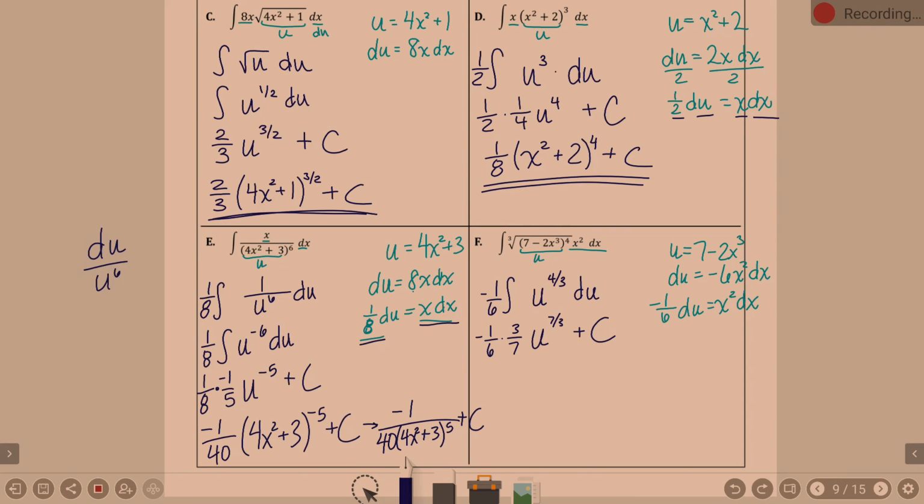Add 1 to your power, divide by your new power. Oh, that's negative 3/2.